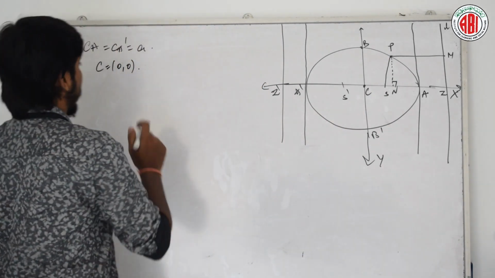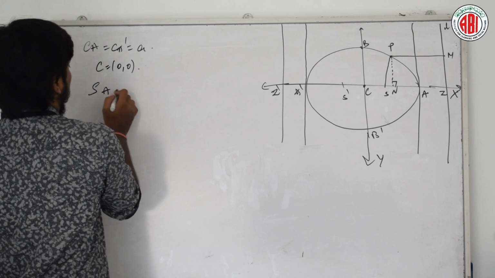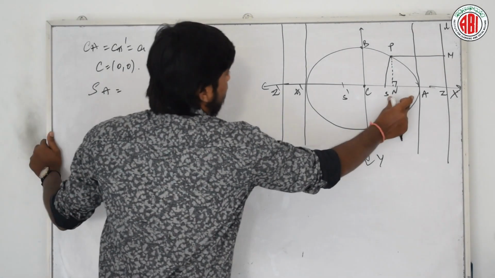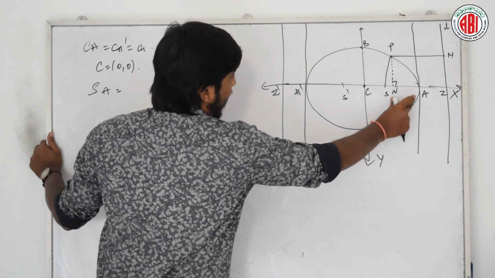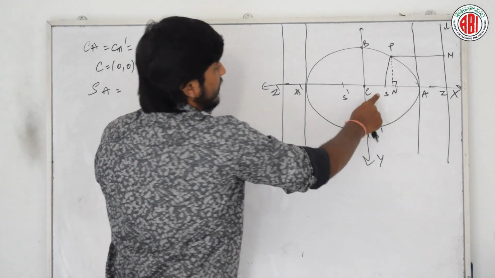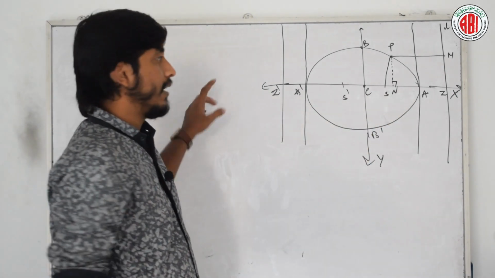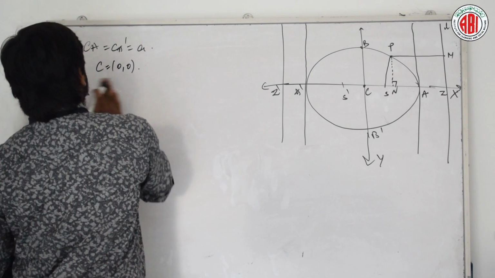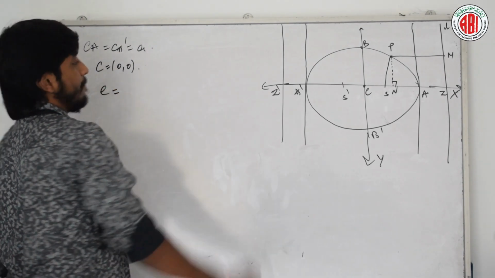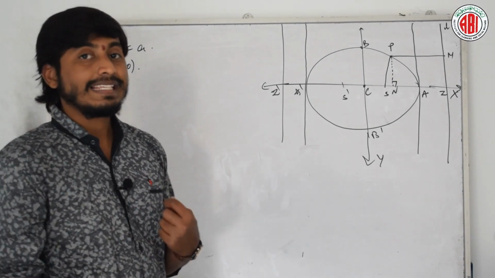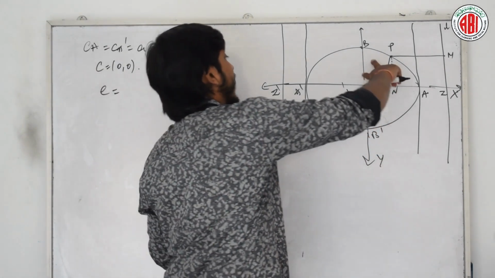What is SA? Can I write SA as CA minus CS? Or else, before that, let me write the popular parameter e. What is e? e is the eccentricity, which is nothing but SP by PM.